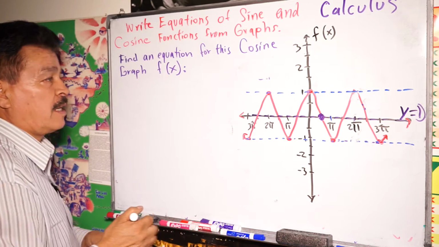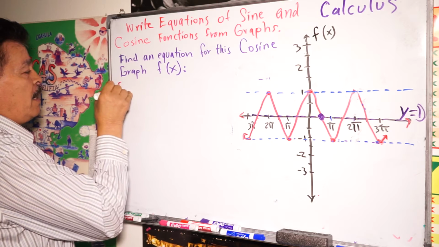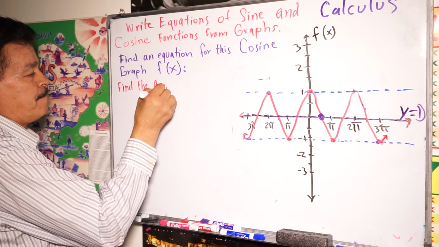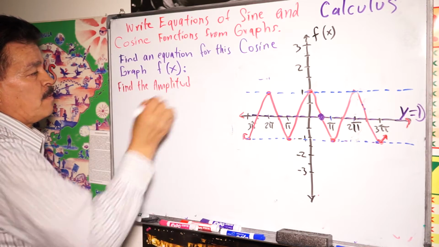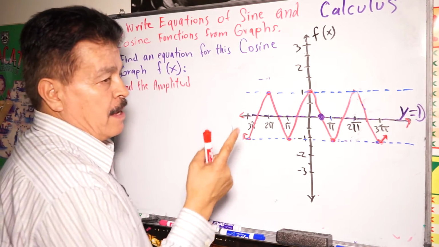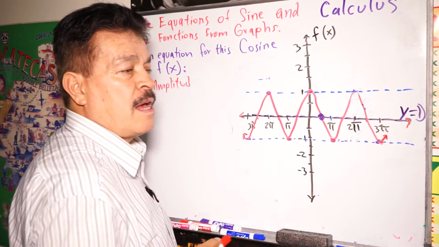What is the amplitude of this graph? Number one, find the amplitude. In this case, we have to divide the vertical distance by 2.